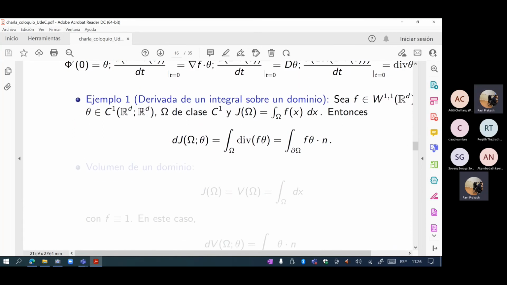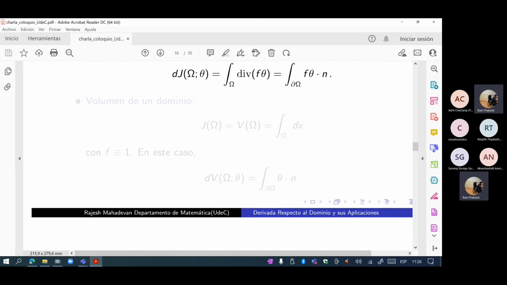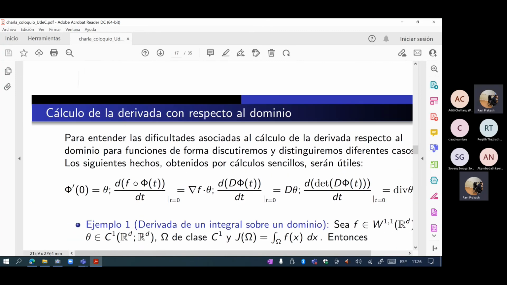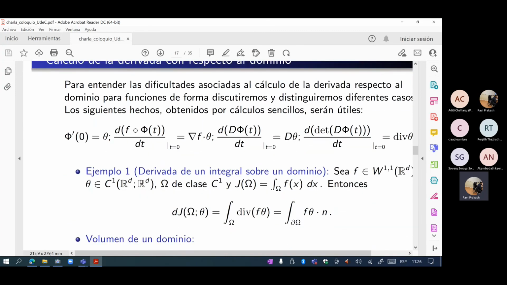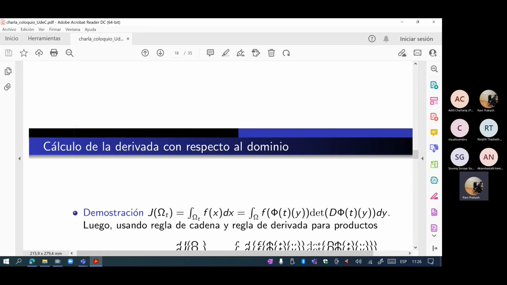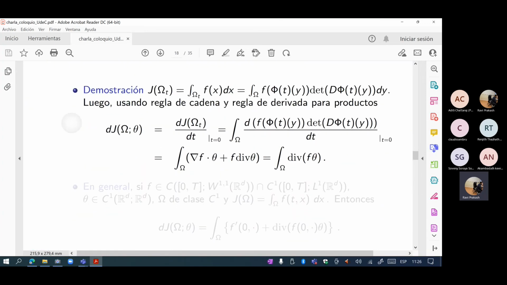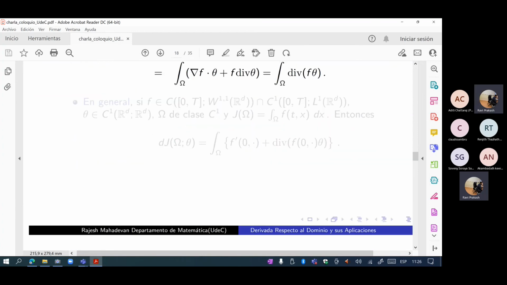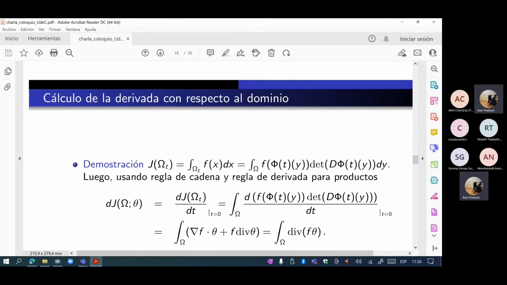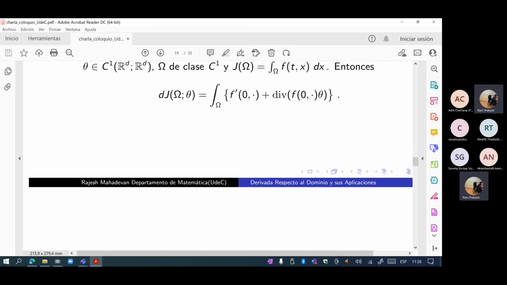So I did this calculation for f equals 1, and then we already have the shape derivative, and for the volume it's what I showed, and for the perimeter it's the same slide. And this is the proof which I've already spoken about.